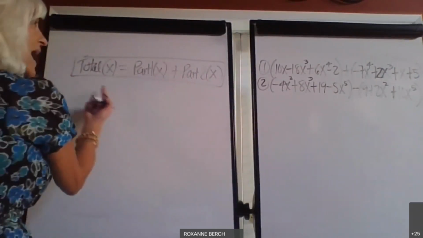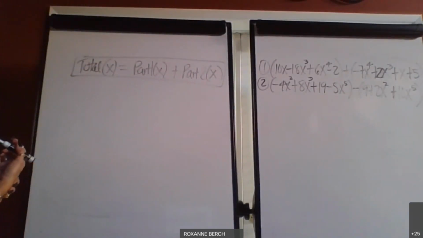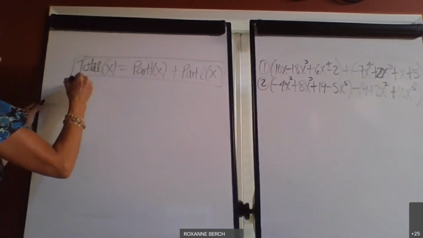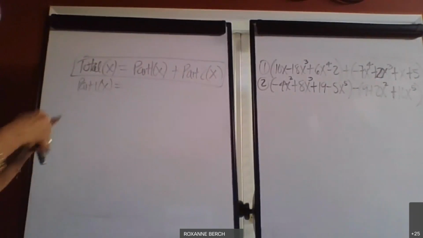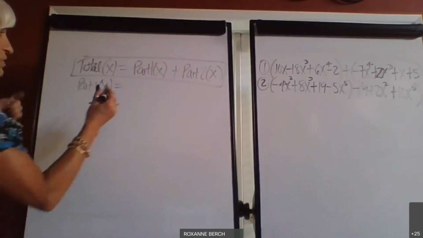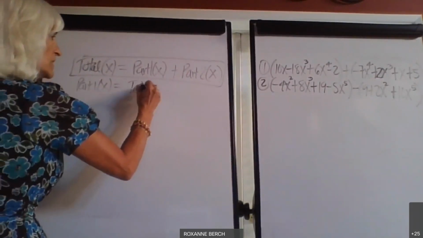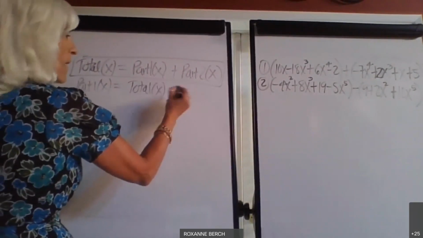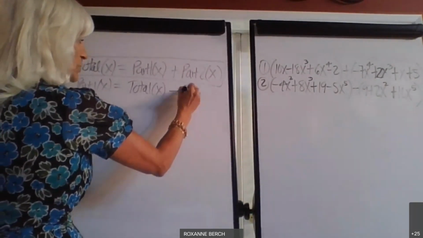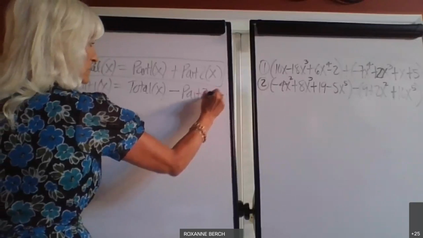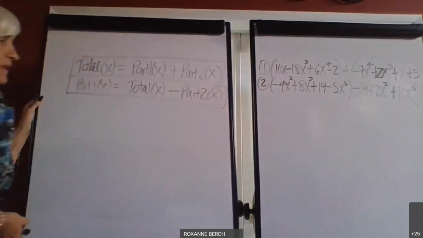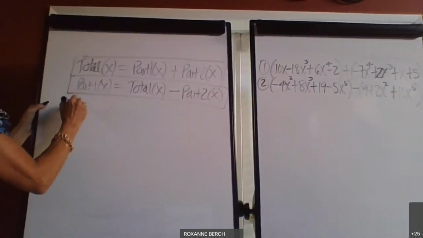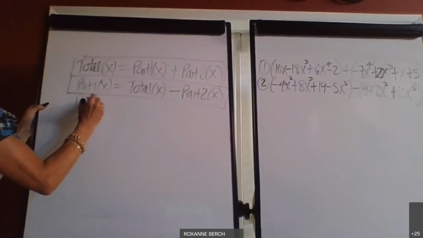Like if I subtracted part 2 from the total, wouldn't I have part 1 of x equal to the total in terms of x minus part 2? And in the same way, I can solve for part 2 of x.